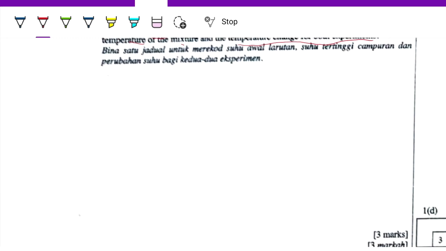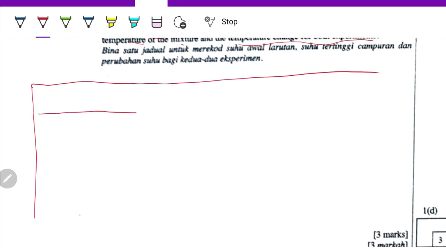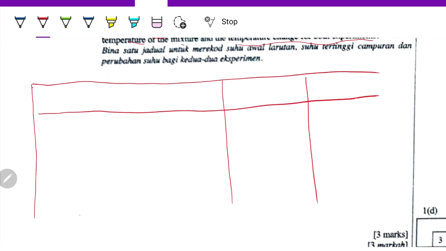Okay, so normally we'll draw a table. Now we have set 1 and set 2.